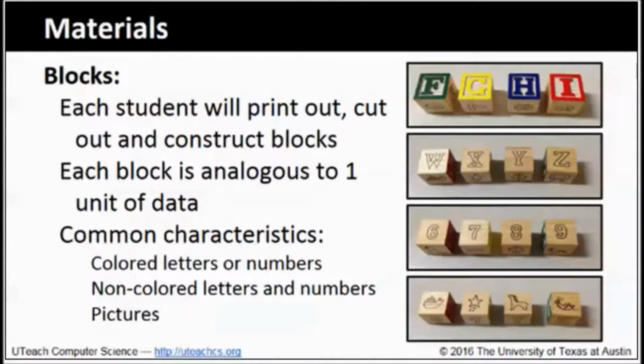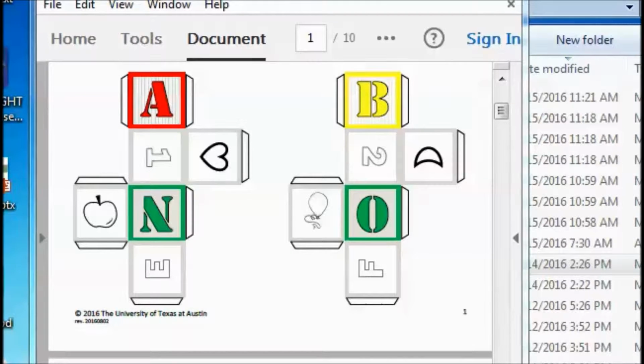Although I'm going to be using real building blocks to illustrate this concept to you, you're going to be constructing your own out of printouts. I have pushed out to you a document called Building Blocks Block Printables, so you can cut these out and make your own building blocks to use for this exercise.